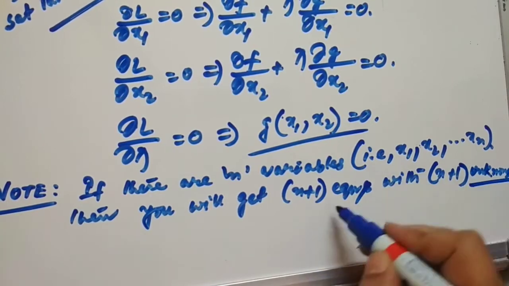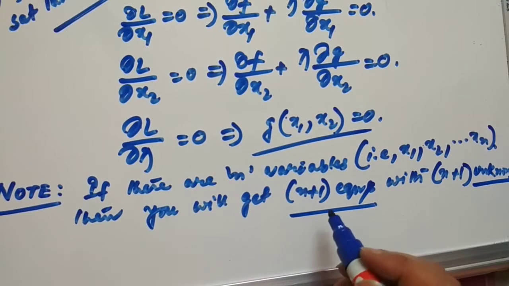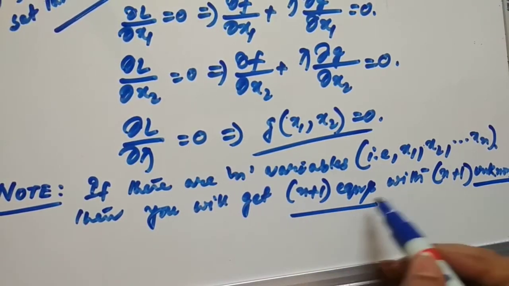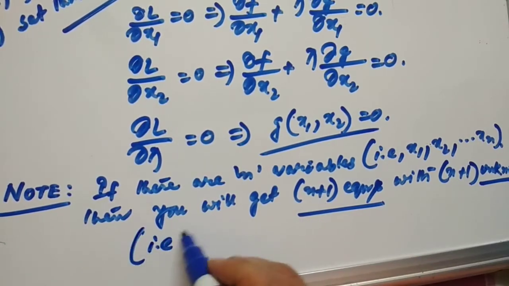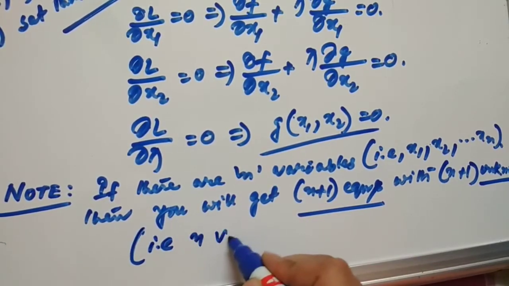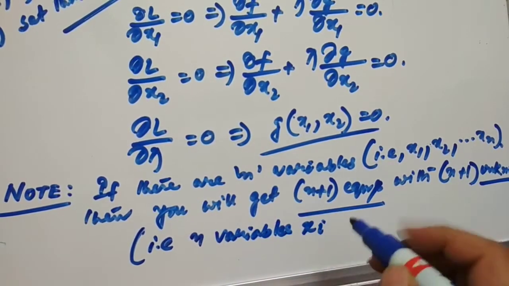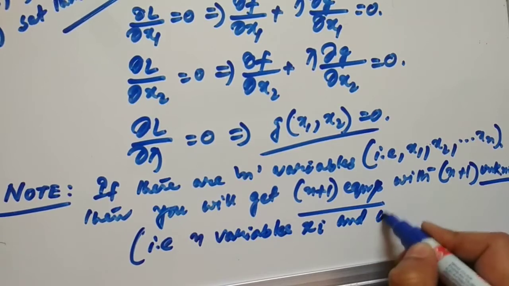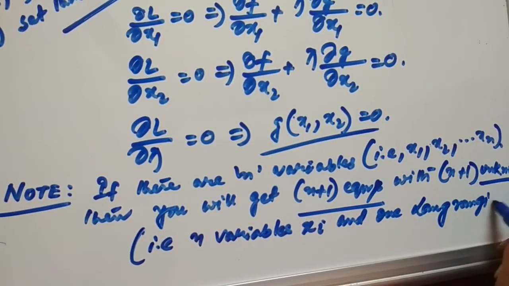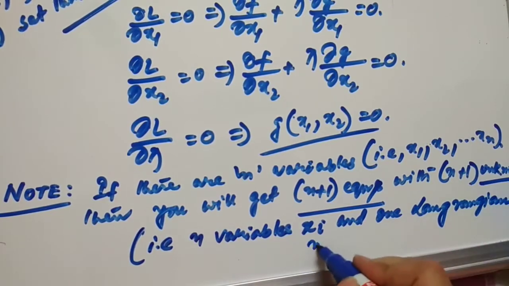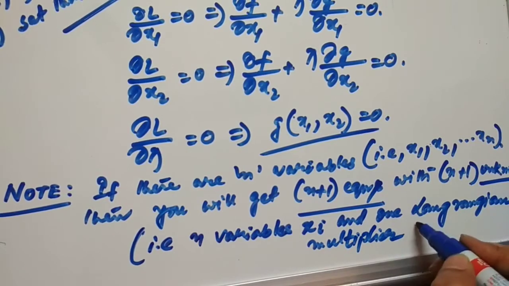So the unknowns will be equal to the equations only. You can write it as n variables xi and 1 Lagrangian multiplier lambda only.